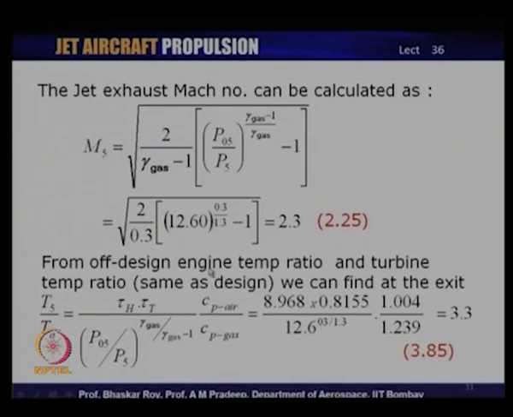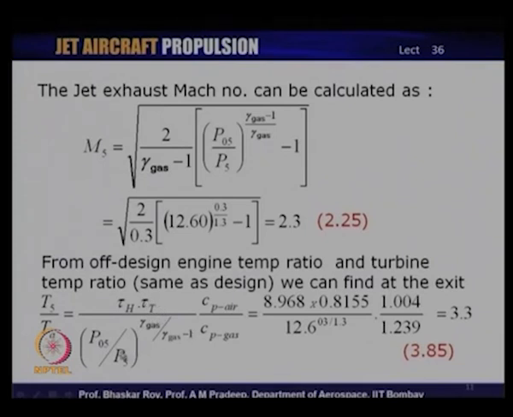If we use those values, the temperature ratio across the engine exhaust face with reference to the ambient condition, that is T 5 by T A, can be related again to the enthalpy ratio, which if you remember was essentially related to the turbine engine temperature ratio, and then of course the turbine temperature ratio.